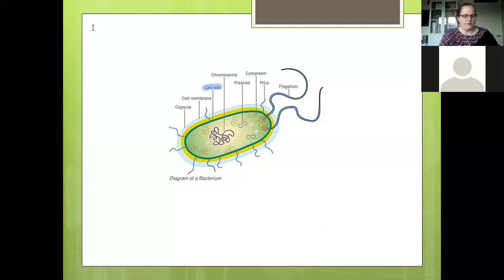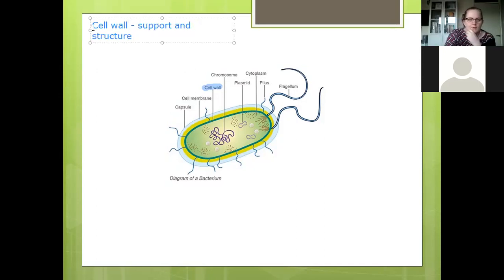So the cell wall. The cell wall in a prokaryotic cell does exactly the same function as it would in a plant cell. The cell wall supports the cell and prevents it from changing shape. So it's support and structure. It's made of a polymer, and this is quite interesting.